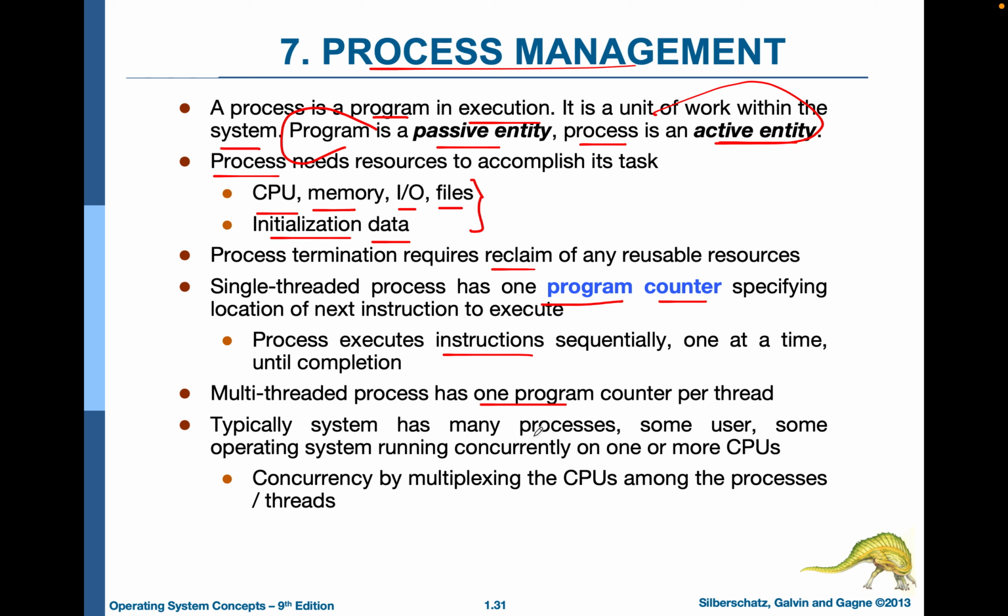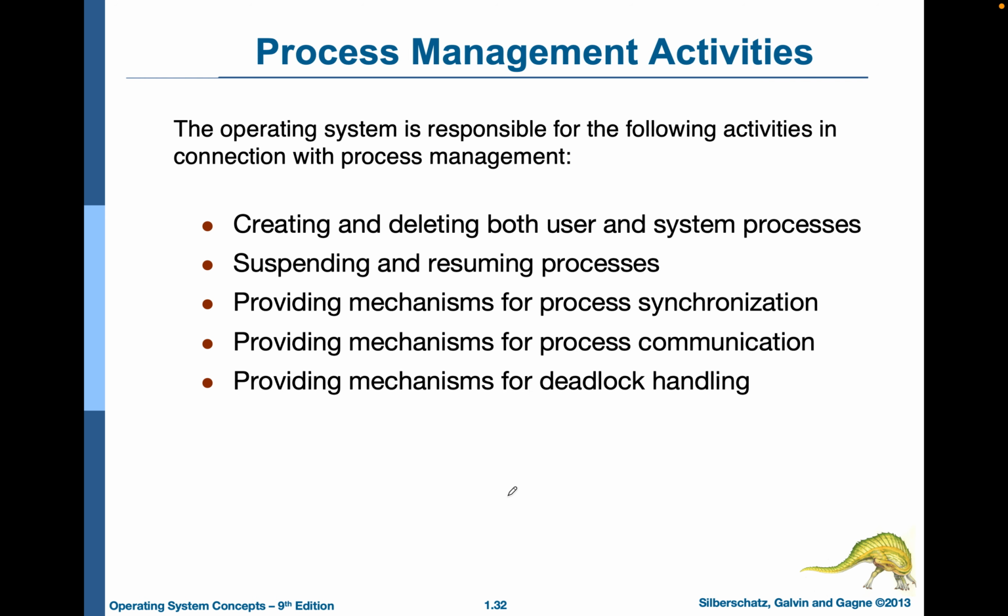Typically, a system has many processes. You can see here you have a lot of processes, some of the operating system running concurrently on one or more CPUs. This one is normal for us, isn't it? Concurrent by multiplexing the CPU among the processes or threads. Okay, what activities occur in terms of process management?